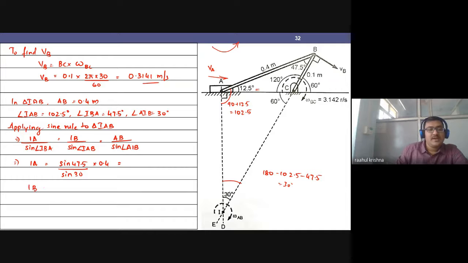Then in the same way, IB equals sine 102.5 into 0.4 upon sine 30.